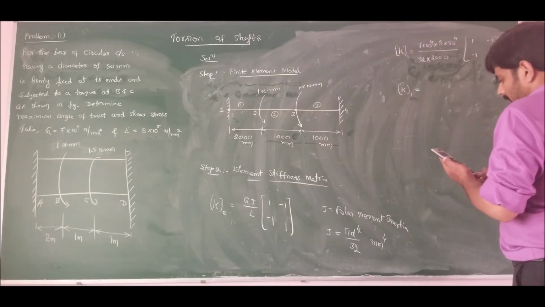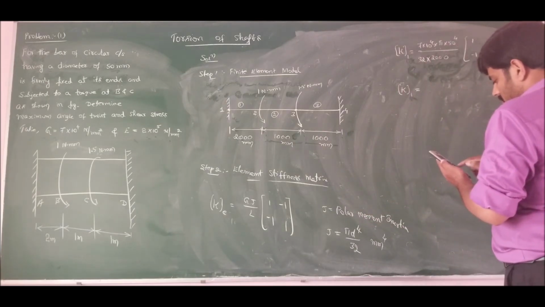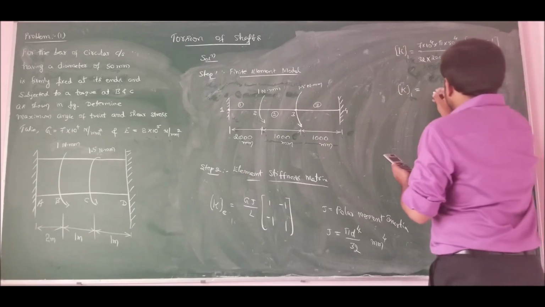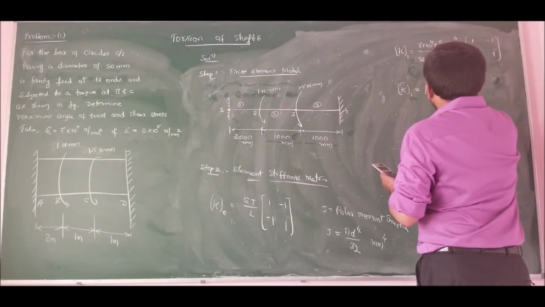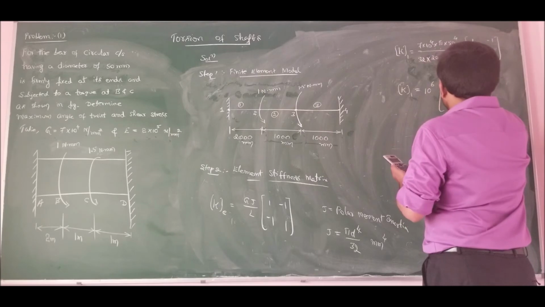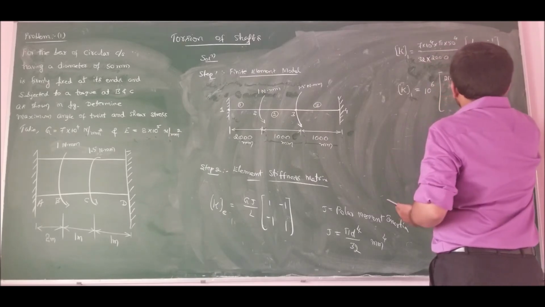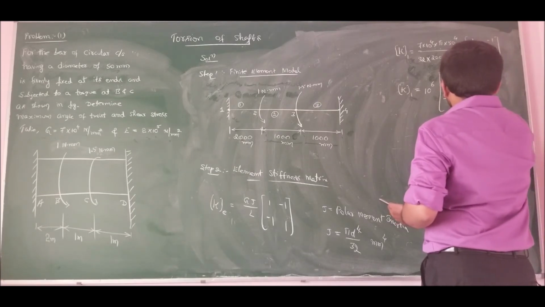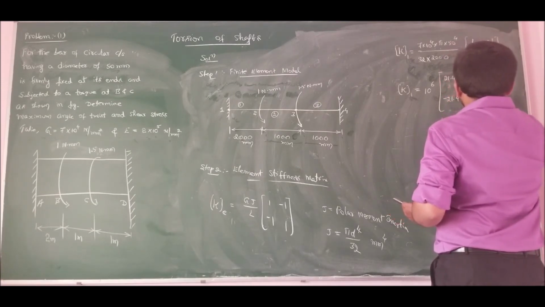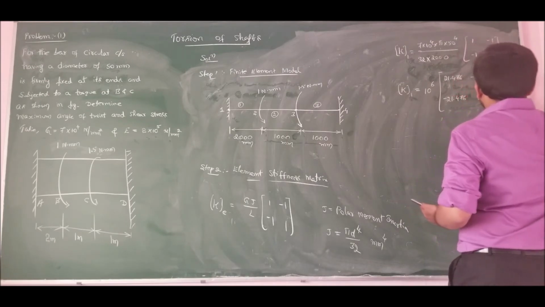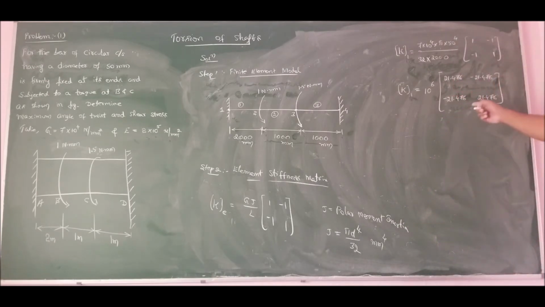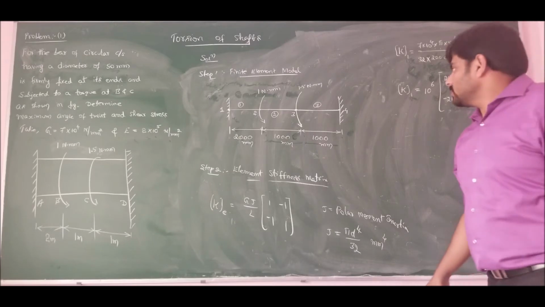I take 10 to the power of 6 common, and inside this bracket I get 21.476, minus 21.476, minus 21.476, plus 21.476. So this is the element stiffness matrix for element 1.